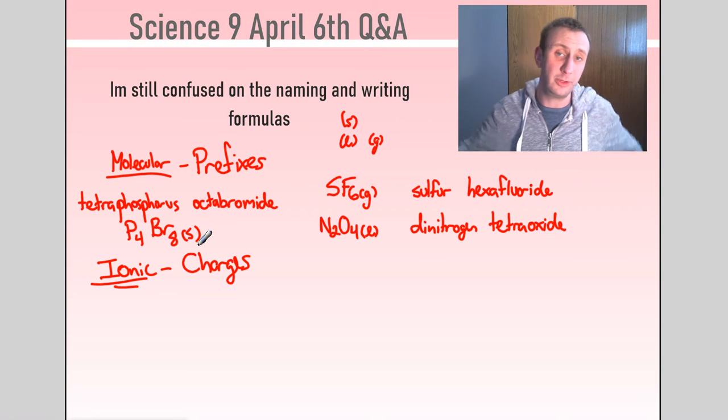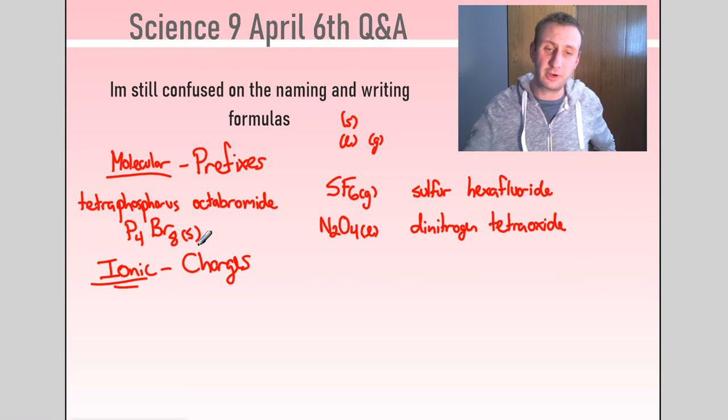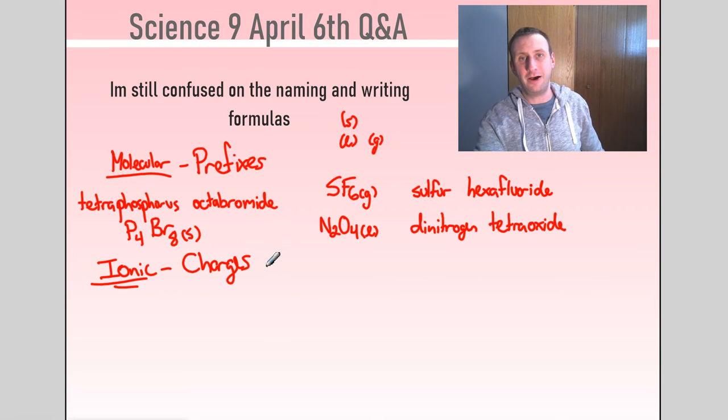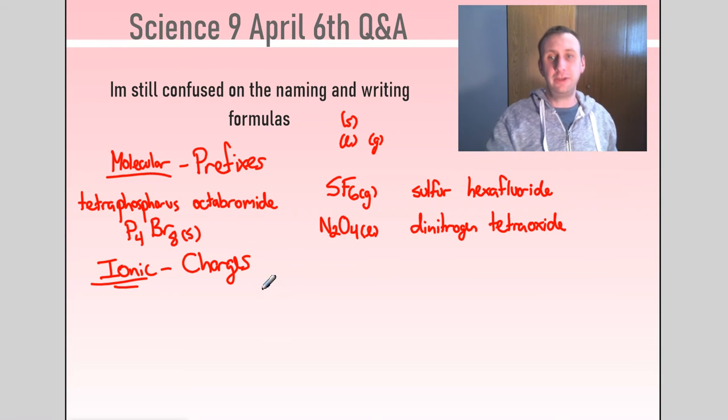For ionic, we're all about charges. So it's about making the charge equal between the cation, the metal, and the anion. You just look up those charges on your periodic table. The naming is really easy. For the naming, all you have to do is say the two elements with an "ide" ending on the second one.